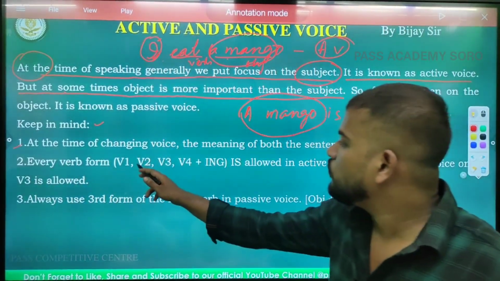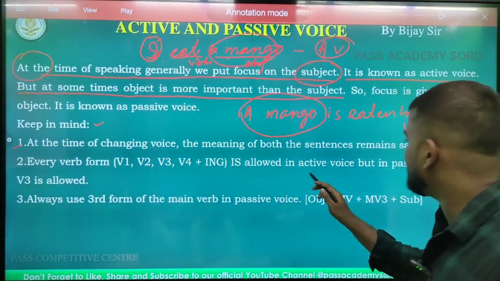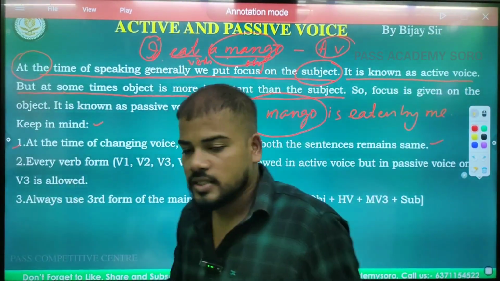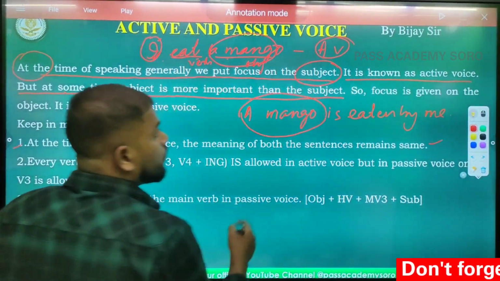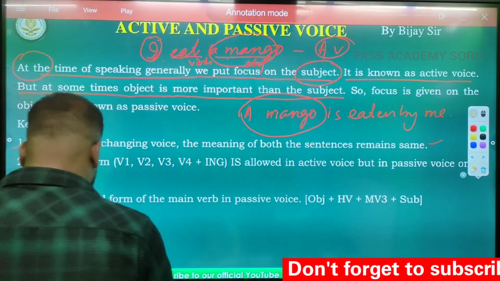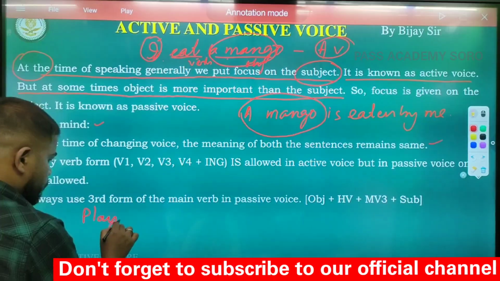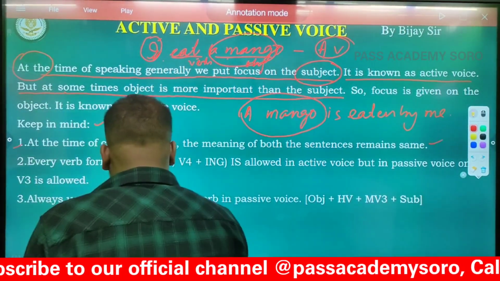Then every verb form, V1, V2, V3, V4 plus ing, is allowed in active voice, but in passive voice only V3 is allowed. For example, if I take the verb play, V1 is play, verb first form.